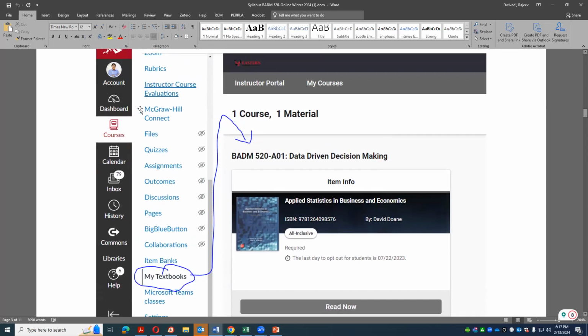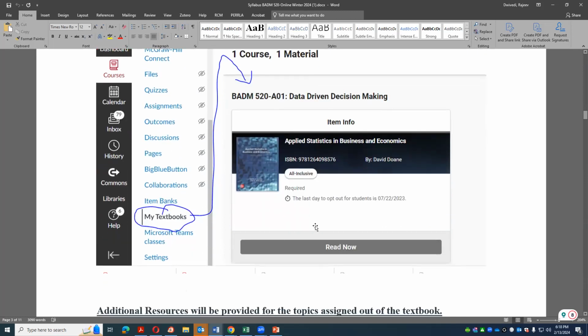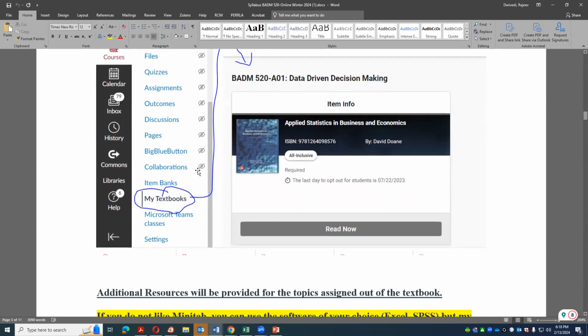We are not using Connect, no Connect. It is popping up, but we are not using it. So don't try to access it, because other professors are using Connect, but everything is on Canvas in my course.